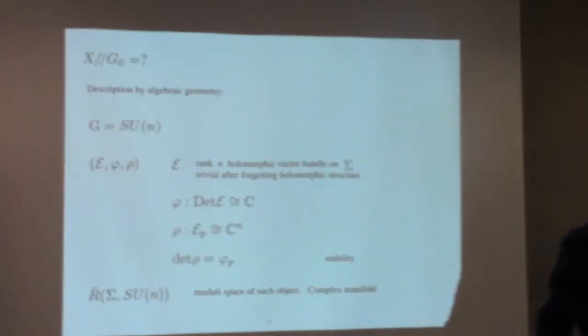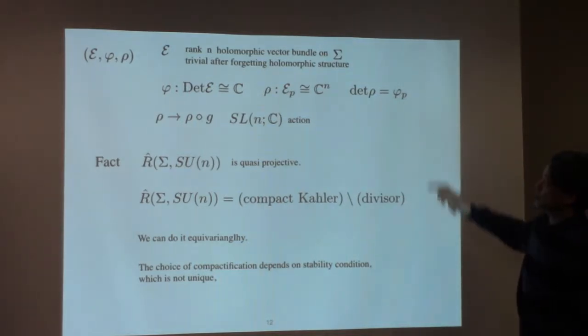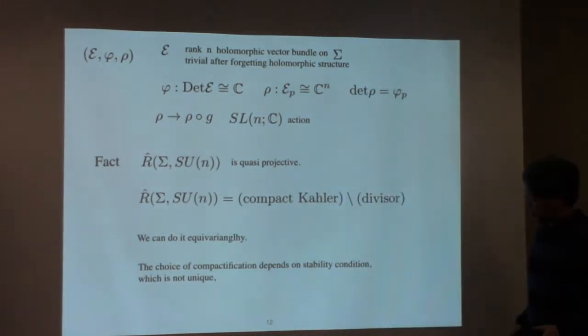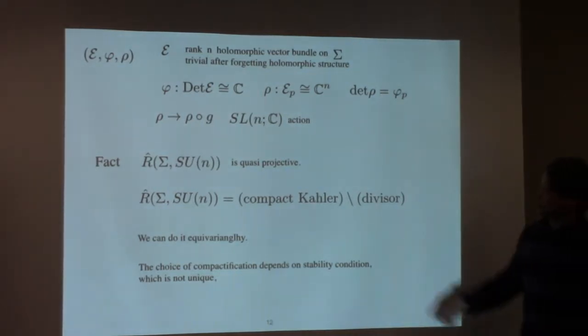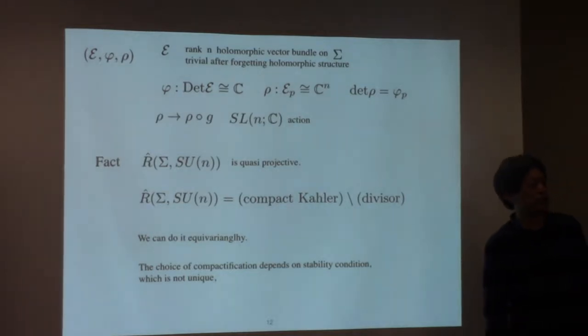People like Weitsman, and also already Seshadri, studied this; it is a special case of what they studied. We have this SL(N, C) action, where we just change the framing. What is known is that this complex manifold is a quasi-projective variety.